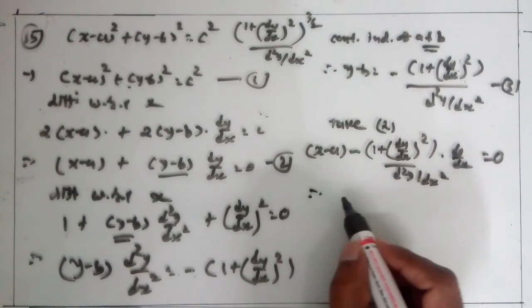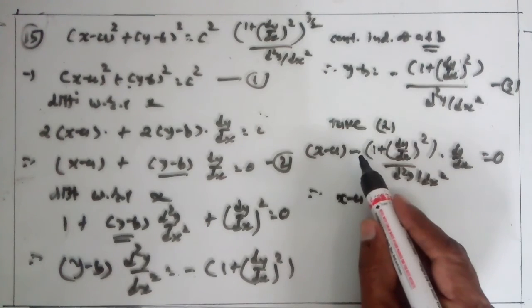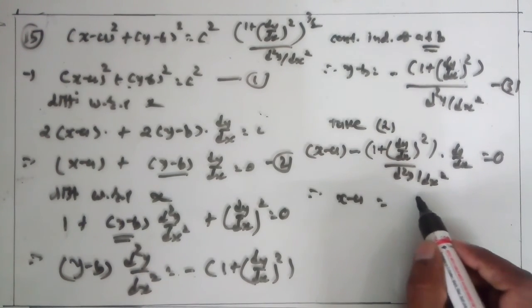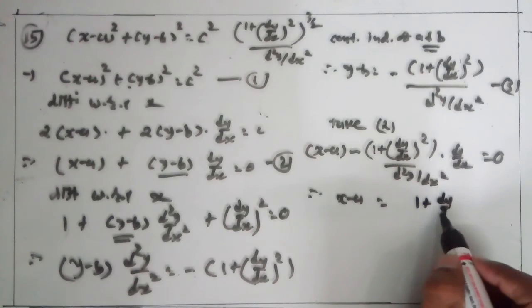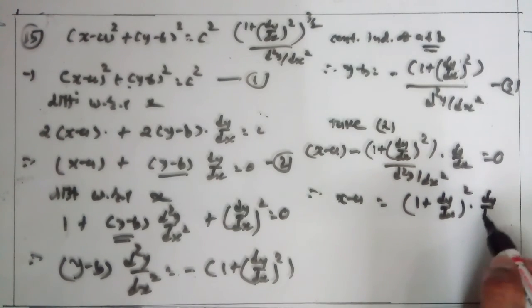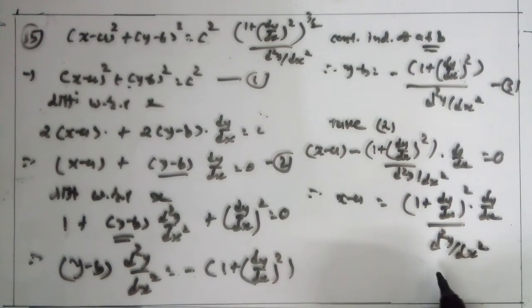Clear? Therefore, x − a is equal to this whole term, take this side. So we get [1 + (dy/dx)²] into dy/dx upon d²y/dx². Clear this? Take this as result number 4.